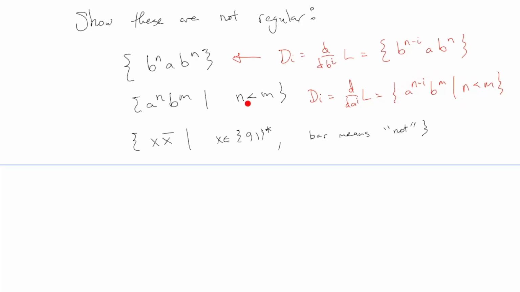You started with n less than m, and if I just cancel some of the a's, in my opinion, the easiest way to write that is like this. It is now, I canceled off some of the a's, but the original relationship between those two numbers, n and m, is the same as it used to be. Some people, as I was walking around, tried to write, you could also write this equivalently, although this to me is more confusing.